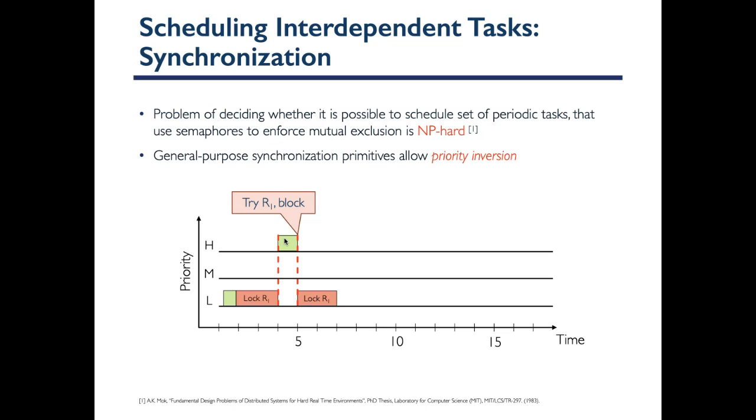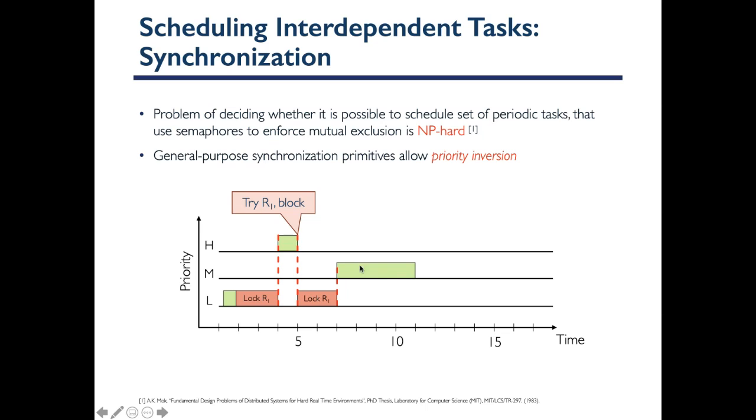Now it gets even worse when, let's say, a medium priority task comes in and executes for a while. So basically now M is going to preempt L and run for a while. Now, if I look at H and M, they have no interdependency on paper, so they're not using the same resource.